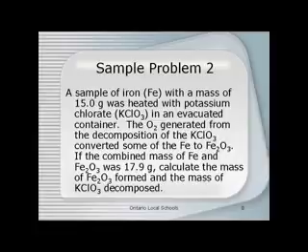And if the combined mass of the iron and iron 3 oxide was 17.9 grams, calculate the mass of Fe2O3 formed and the mass of KClO3 decomposed. It would be good to pause the podcast at this point, write the problem down, prepare a data table, and let's see where we go with this.